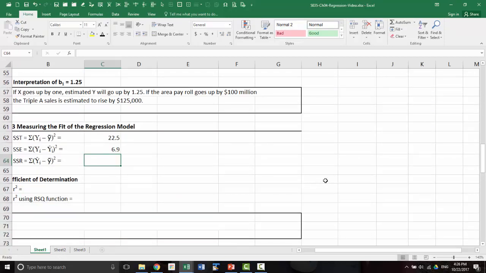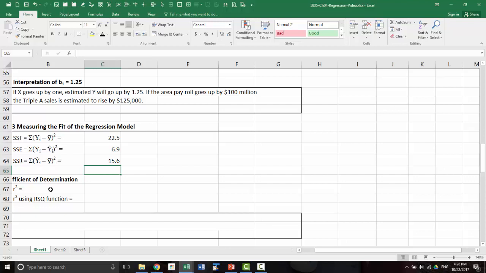Okay. Now SSR is the difference. So SST minus SSE will give you SSR. Now with this we can compute a statistic for how well the line fits the data.